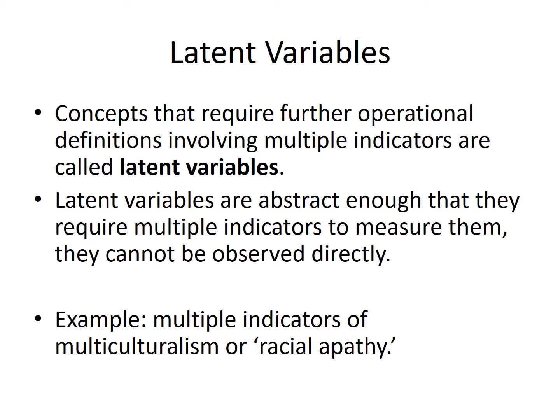We don't know automatically what that means, so we need multiple indicators to determine it. Latent variables are abstract enough that they require multiple indicators to measure them, and they cannot be observed directly. Multiculturalism is an example of a latent variable. Racial apathy is another example.